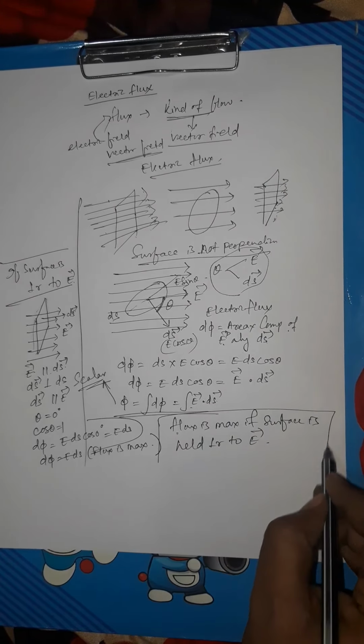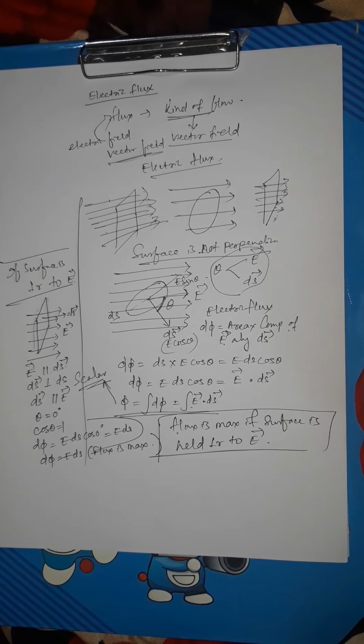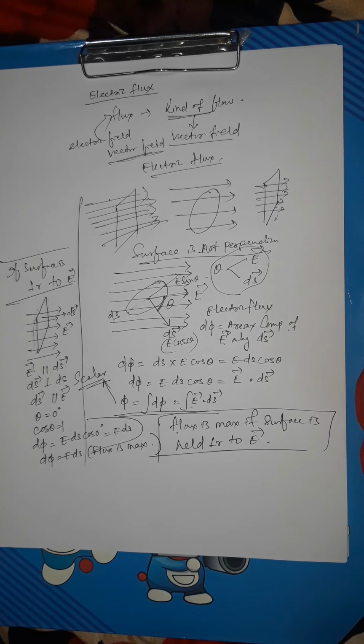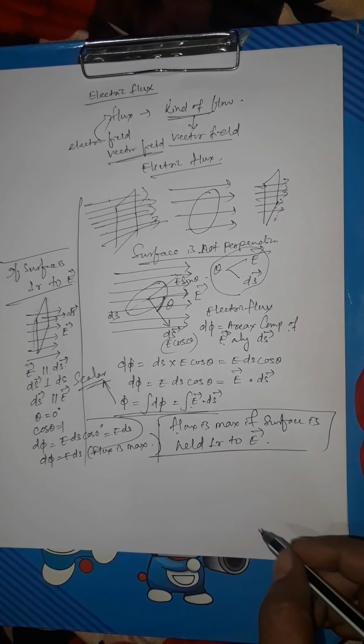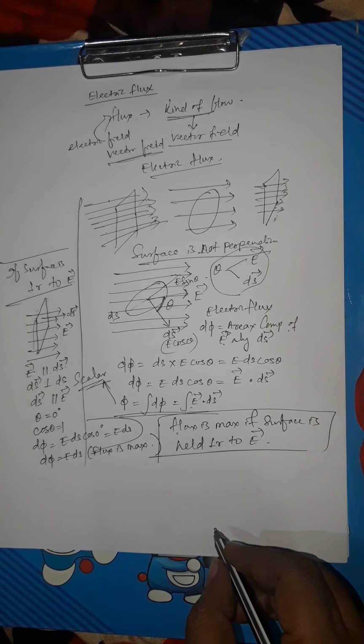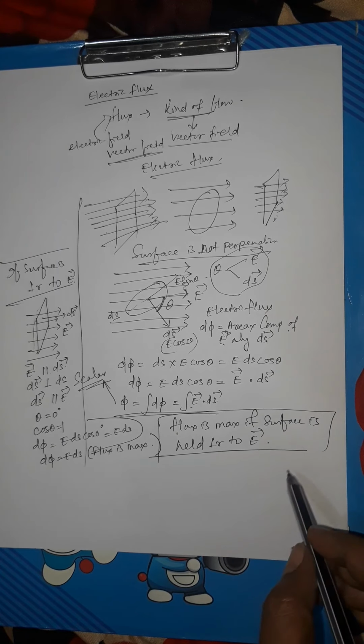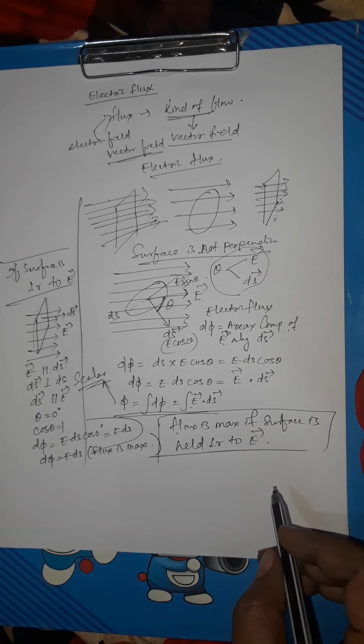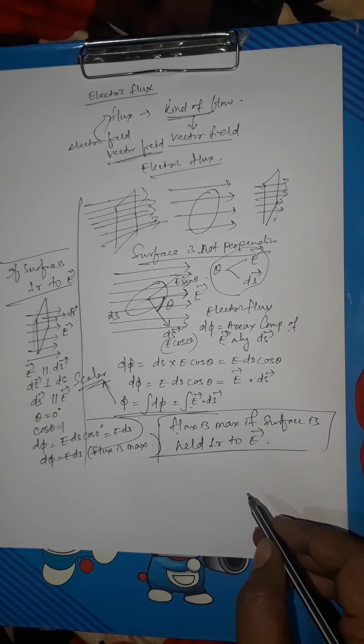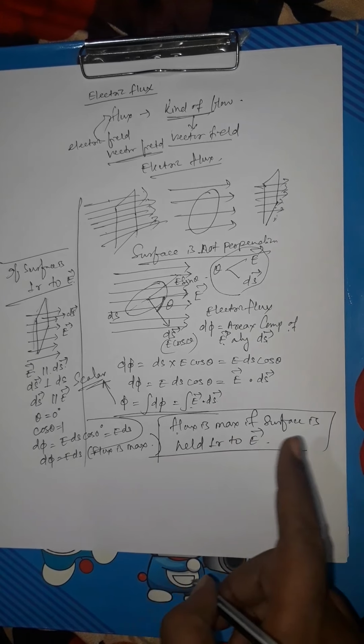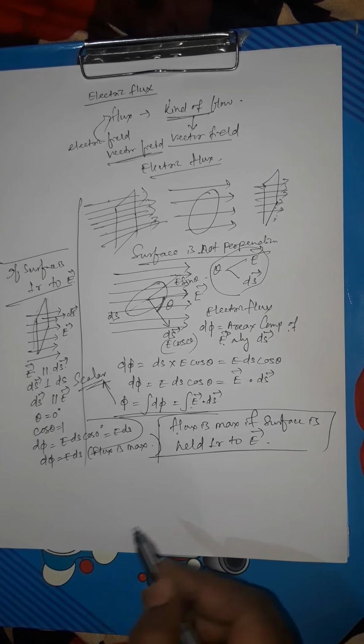Okay, so that's why in the qualitative definition of electric flux, it is told that if the surface is held perpendicular to this electric field, then maximum electric flux will originate. Clear?